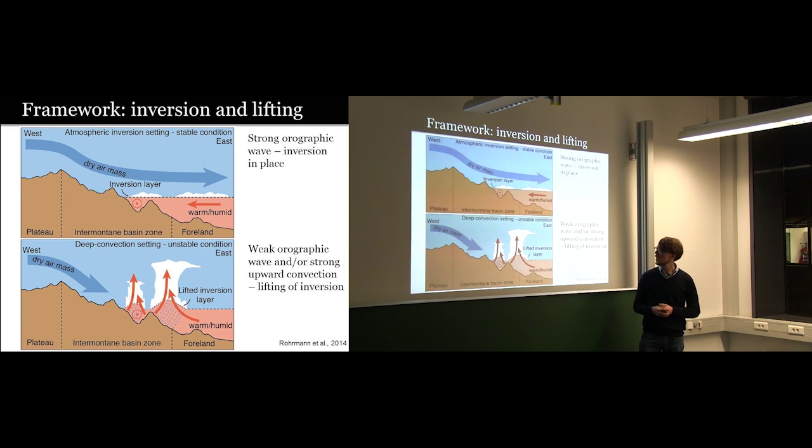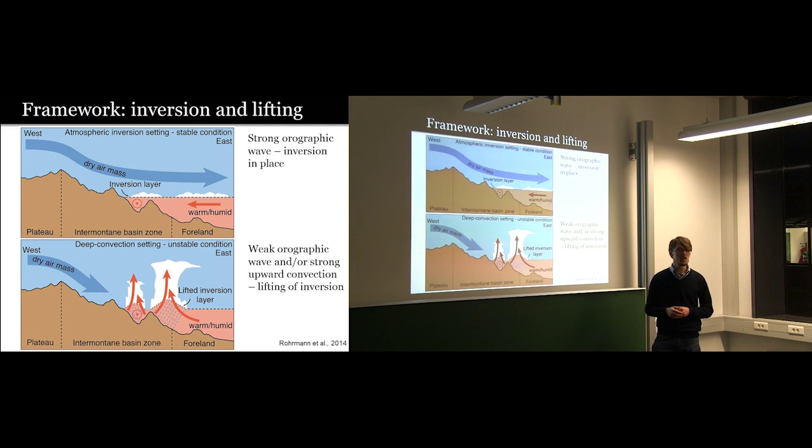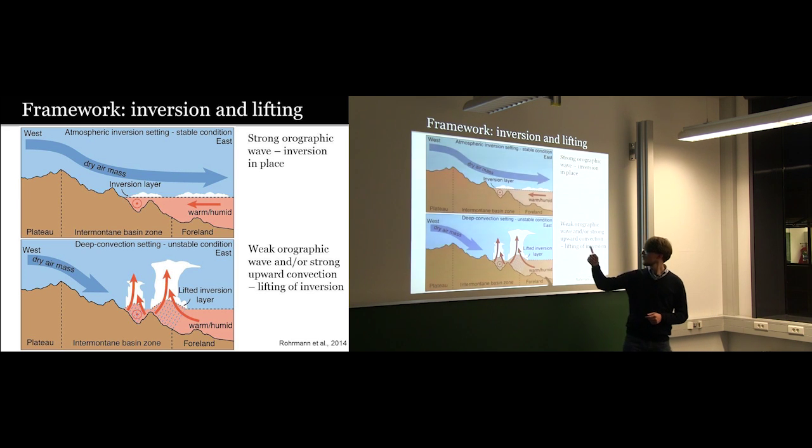However, at certain times, and people who have been in Argentina will have experienced this, a lot of convective storms occur. And the further south you go, the stronger these convective storms get.